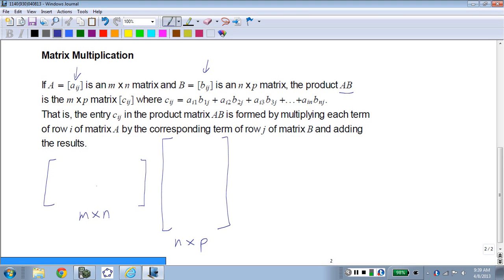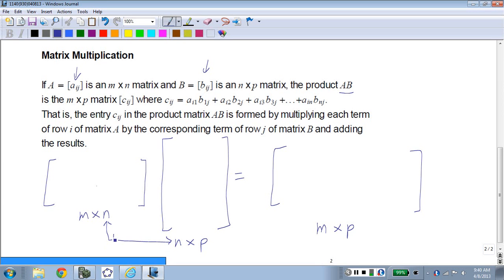And then when we multiply them together, we'll get a matrix that has M rows and P columns. An M by P matrix. So if we're wondering, is it legal? Is it allowed to multiply these 2 matrices together? Is it well defined, I guess is what I should say. These 2 numbers need to match.